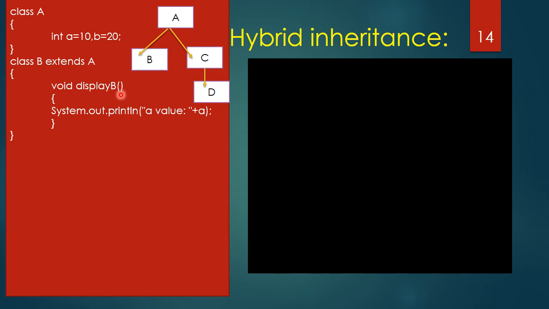Whatever method we take, and whatever values we get from the A class, we can print here. So we can print the A value or B value, because two values we are getting from the superclass. The method name is up to us. Whatever method name we want, we can take. It doesn't matter, there is no need to take the same method name display B.